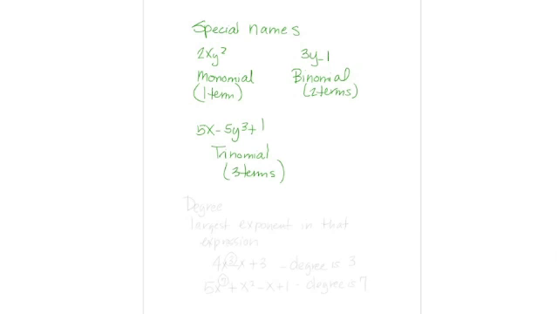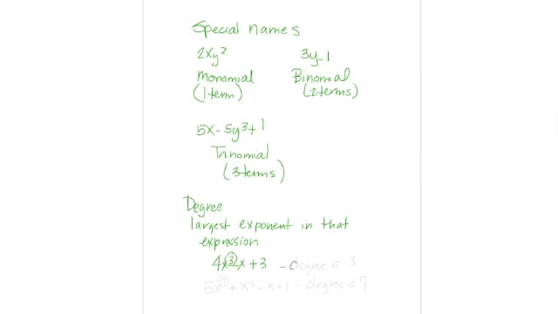Polynomials are also put in special order with degrees. The degree of a polynomial with only one variable is the largest exponent in that expression. So, for example, in our expression 4x cubed minus x plus 3, the largest exponent is this 3, this cube.